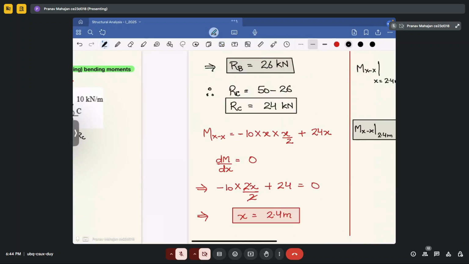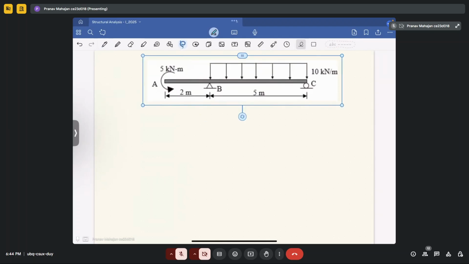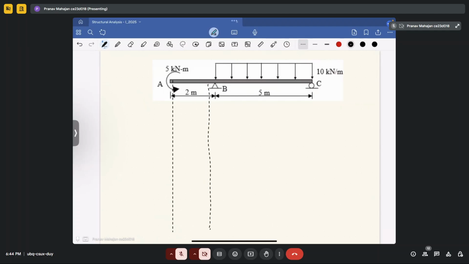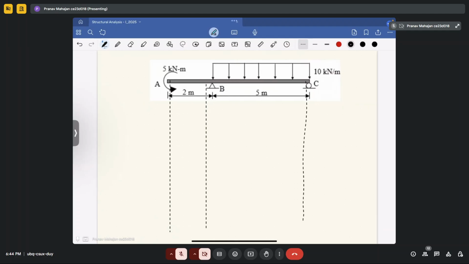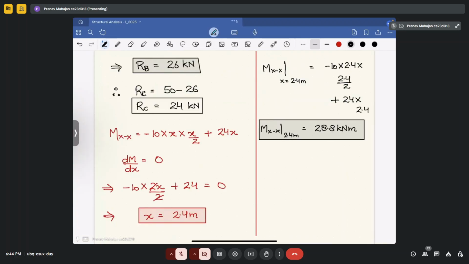So in this case, if we draw the bending moment diagram, what will happen? Since from point C, we have determined this equation.